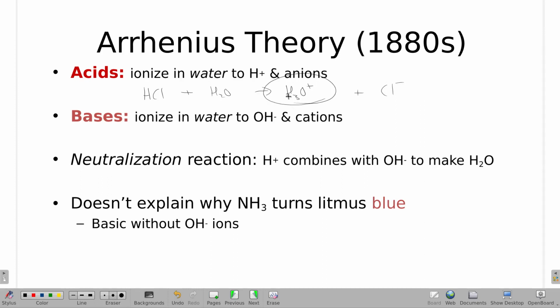But that is why HCl is acidic, because it makes H3O+. And he was pointing out that bases, like NaOH, when they dissolve in water, they just make aqueous ions of sodium and aqueous ions of OH minus. And it's the OH minuses that make it basic.